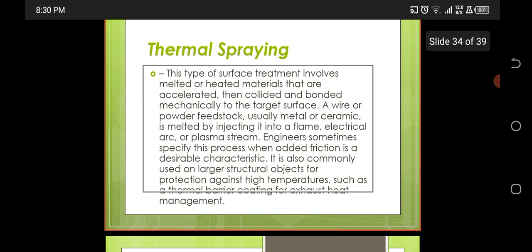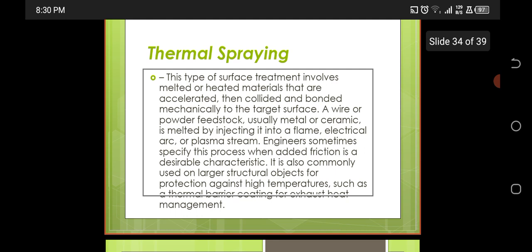Okay, then how do we perform all this? With a wire or a powder feedstock, of metal or a ceramic material. We can do the coating of metal on the surface of the material, or ceramic coating is done with the help of thermal spraying. These metal or ceramic materials are melted by injecting into the flame.